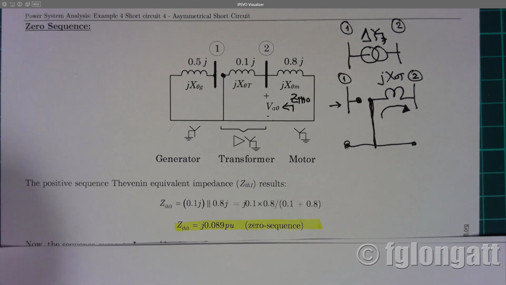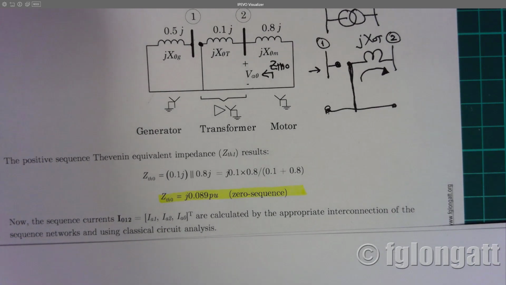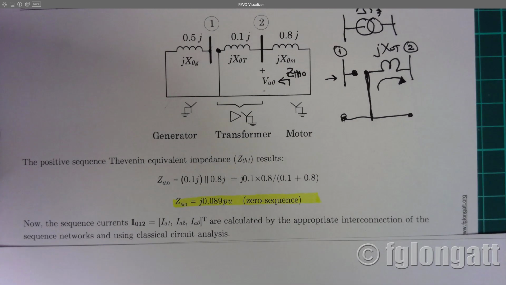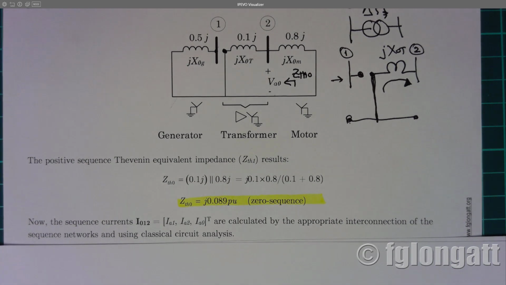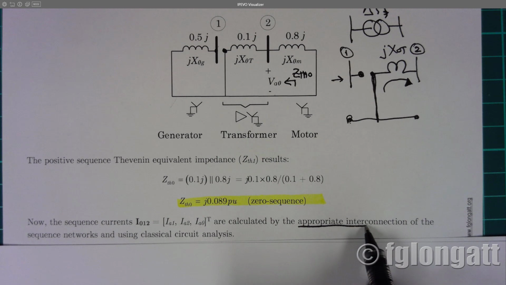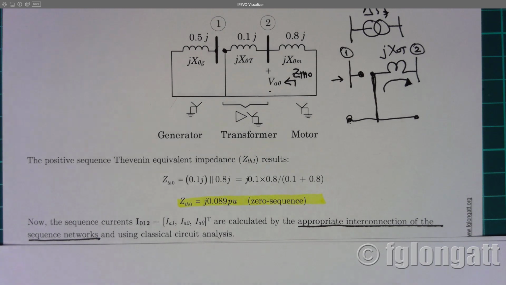Next step. We need to know the sequence currents in order to obtain the short circuit currents in this asymmetrical condition. What we need to do, and I will highlight here, is appropriately interconnect the sequence networks.